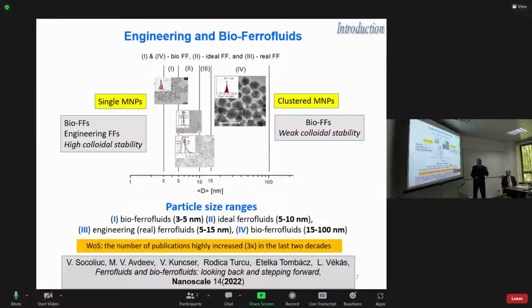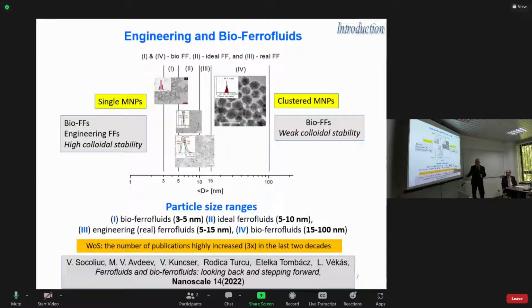But in order to keep the superparamagnetic behavior, we cannot go with physical sizes to these large sizes, of course not. So we make clusters. These clusters are much larger than 15 nanometers, and overall they have the superparamagnetic behavior, which is essential for any application.